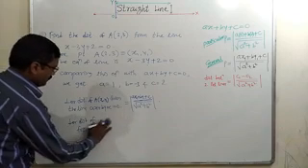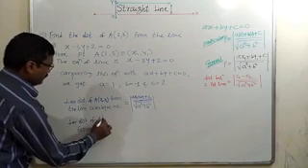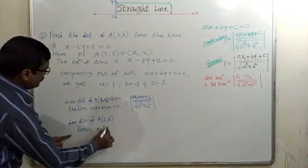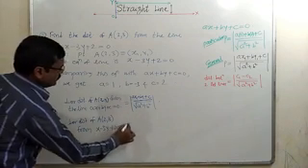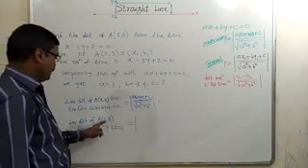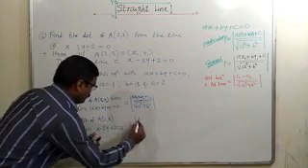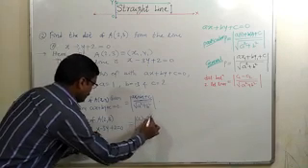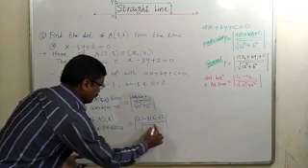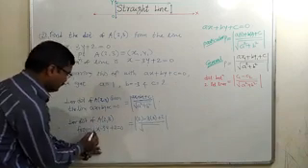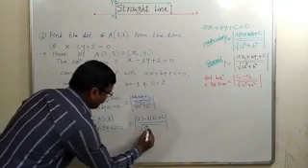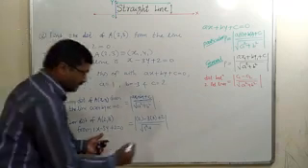So the distance of point A (2, 3) from the line x minus 3y plus 2 equal to 0 is equal to mod of, just put values of x and y in this equation as 2 and 3. So we get 2 minus 3 into 3 plus 2 whole divided by under root 1 square plus (minus 3) square, since the coefficient of x is 1 and the coefficient of y is minus 3.